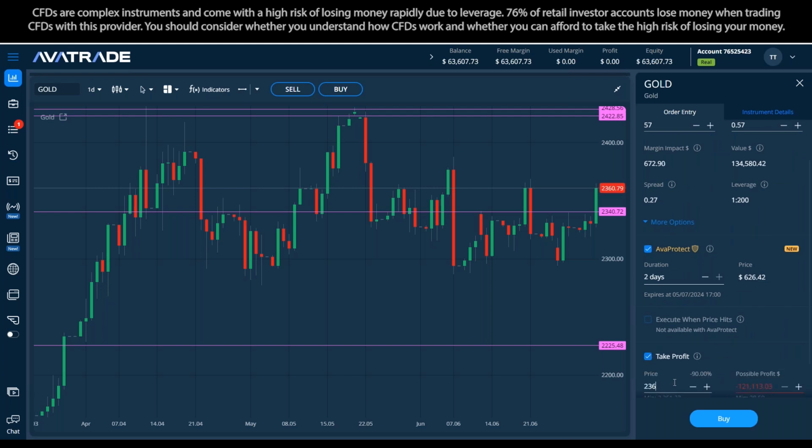So we could program a take profit and say, if it hits the all-time high or near that, 24.22, it's up near there, almost 3,500 profit. The cost of this protection is about 600 or so, 626. So we're talking over 5 times potential profit compared to the cost of the protection.